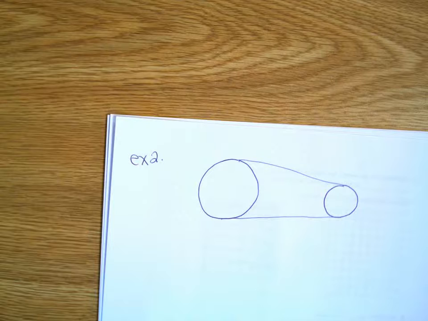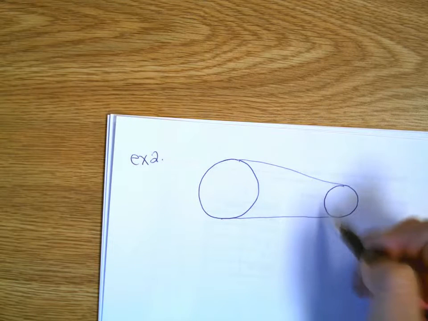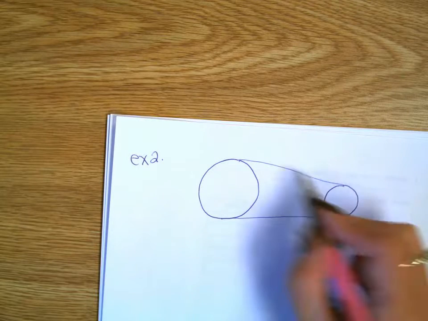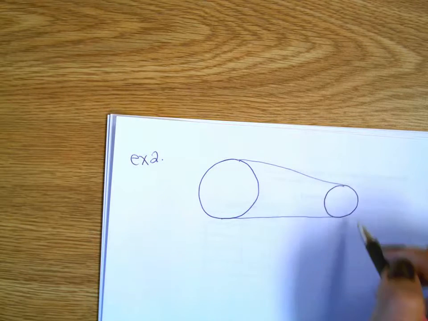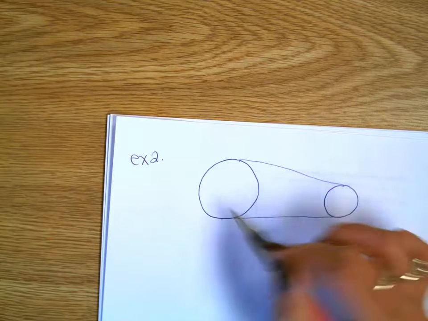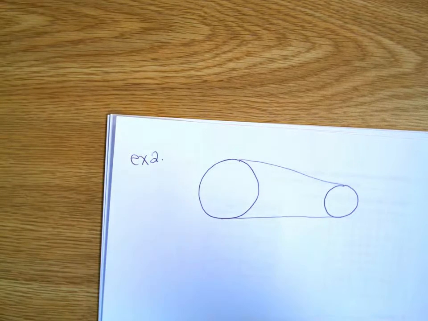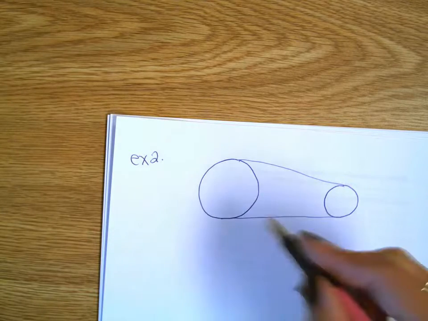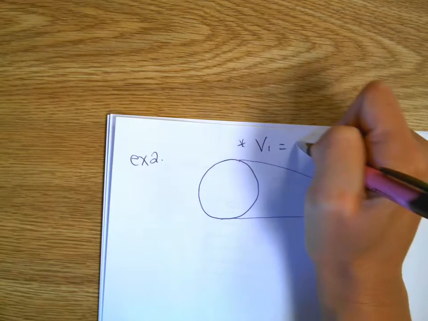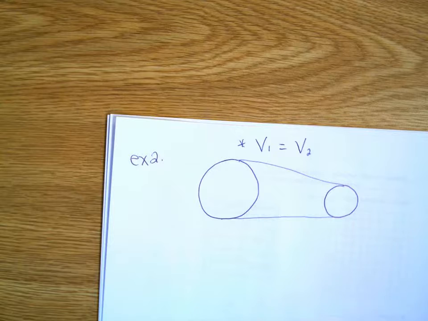It cannot be the same. The smaller one's going to spin a lot more times than the bigger one is. Okay, but what is the same about this thing in terms of velocities? Angular velocities are not. That's how many times it's spinning. The linear velocity, the whole thing's going to be moving at one speed. So the trick to doing these ones that are connected is that the linear velocities are equal. Angular velocities are not equal.